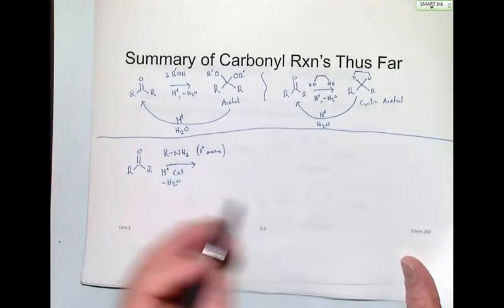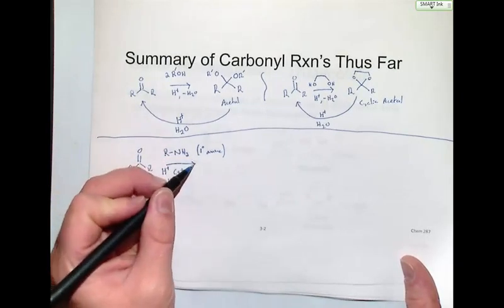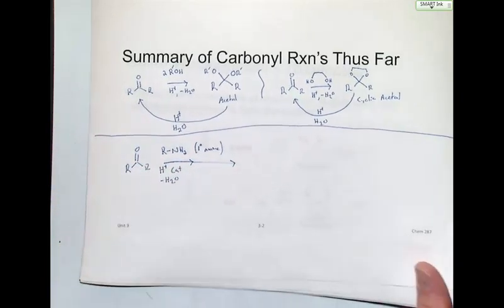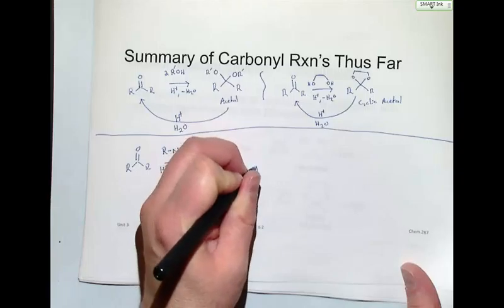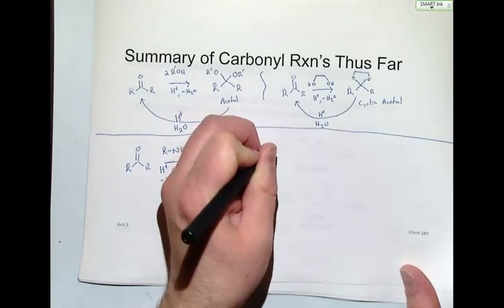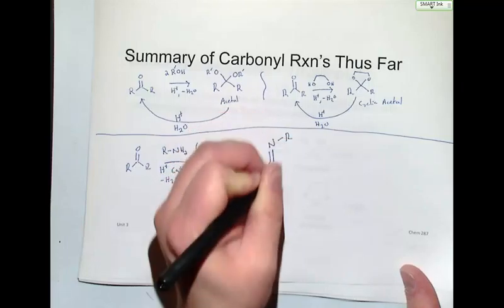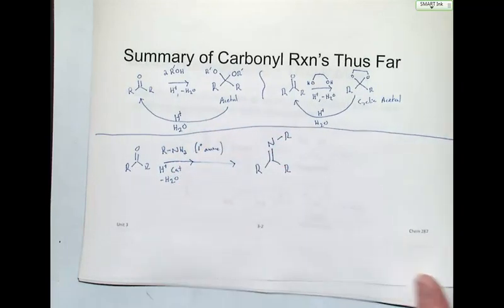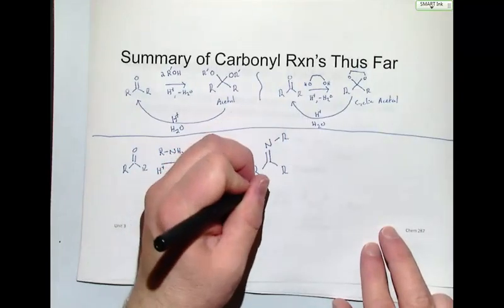And what's the name of the functional group that we produce? An imine. So our carbonyl carbon is doubly bonded to a nitrogen that has an R group. And we call that an imine.